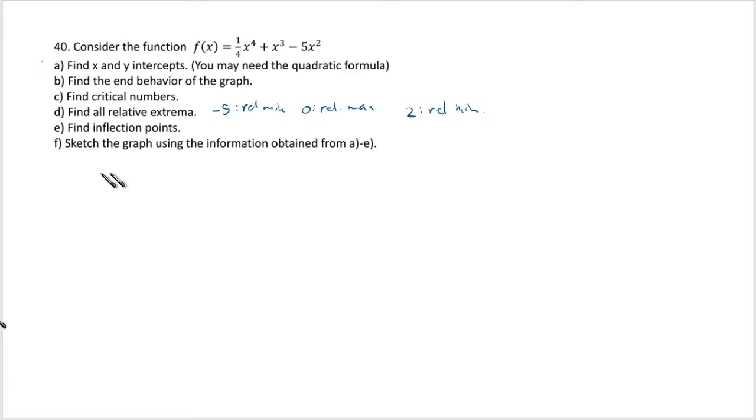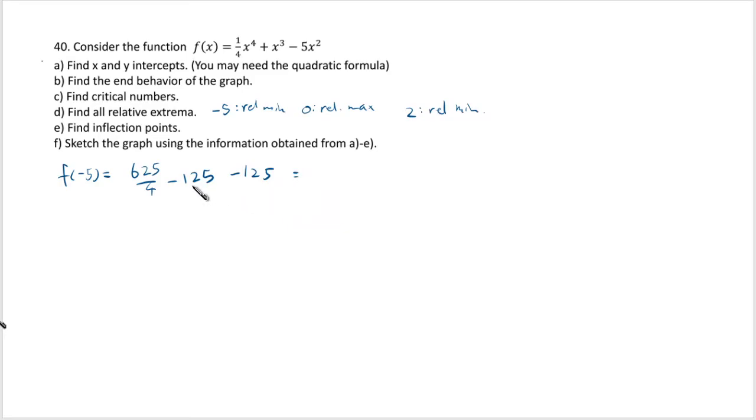Okay. Now, what is f of -5? -5 to the 4th is 625, and then -5 to the 3rd is -125, and then -5 squared times -5, that's another -125.